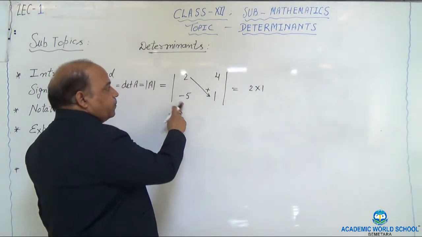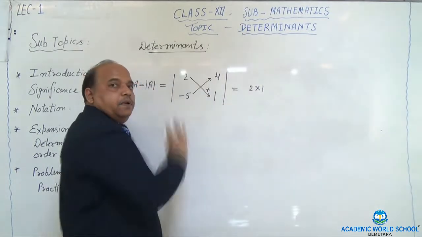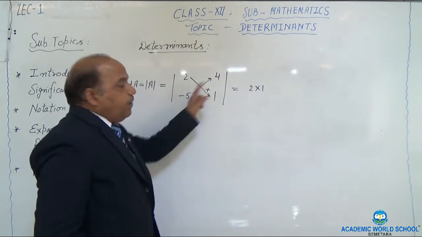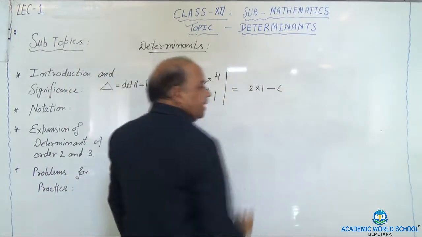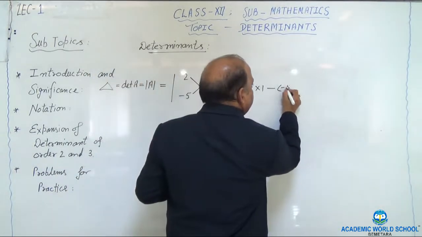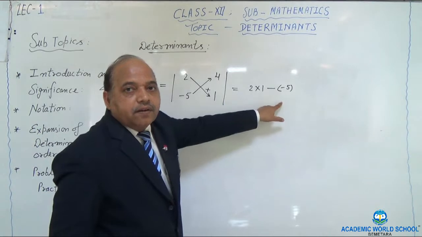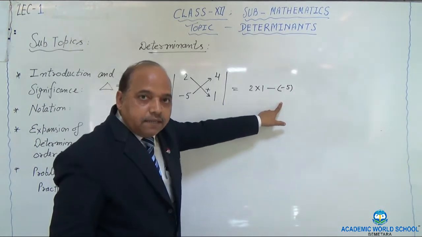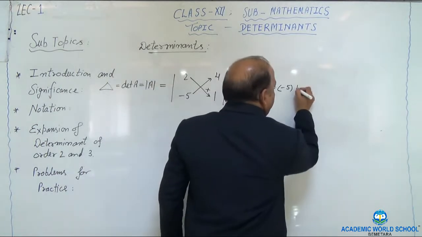And when we are moving from right to left, from bottom to top, it is always considered negative. So I am writing minus, and what are the two numbers? Here the number itself is negative, so put it in brackets, because two operations we cannot write together. We have to segregate it by brackets. Into 4. Write down that 4.